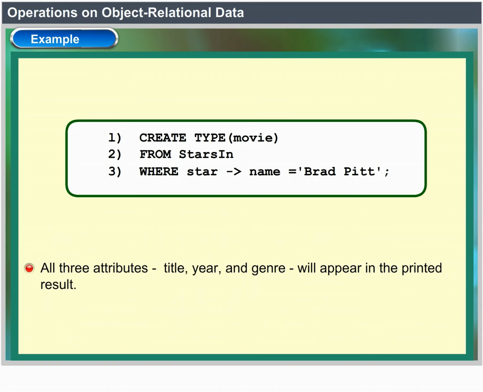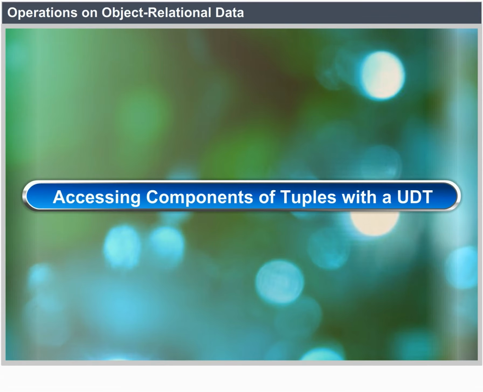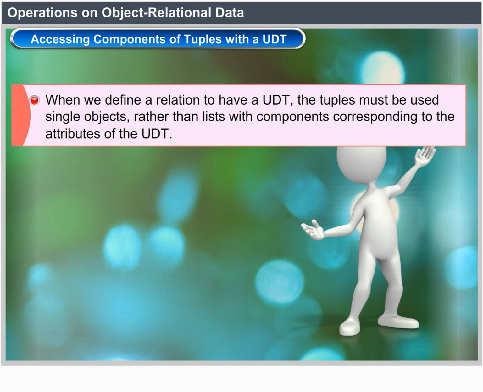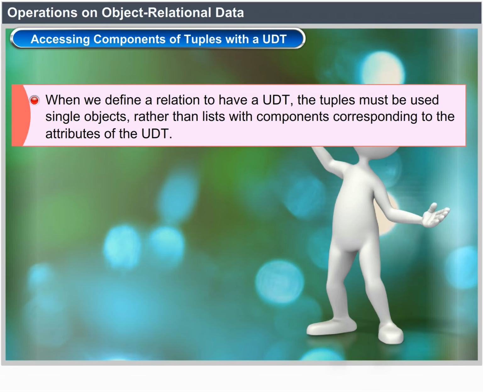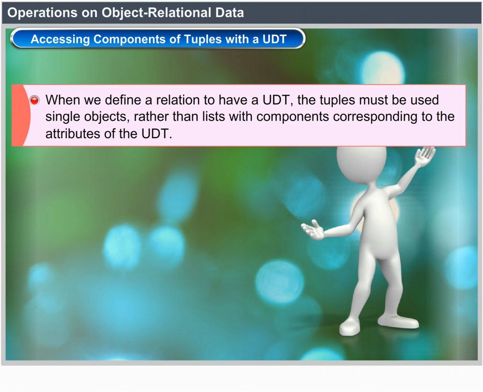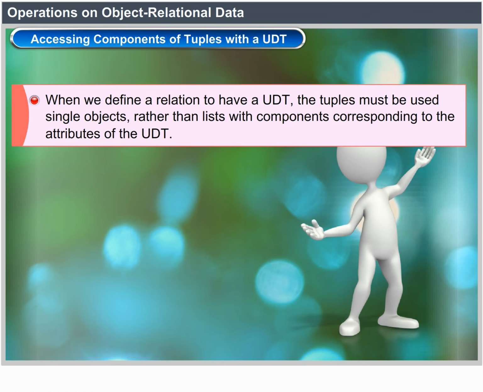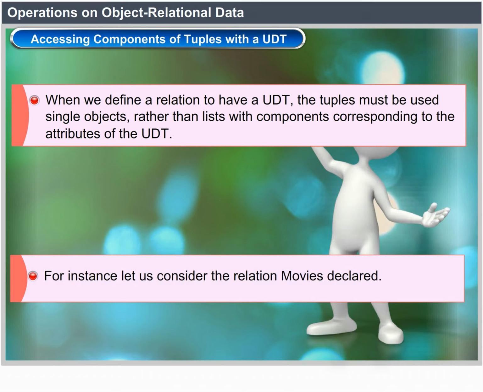Accessing components of tuples with a UDT. When we define a relation to have a UDT, the tuples must be thought of as a single object rather than a list with components corresponding to the attributes of the UDT. As a case in point, consider the relation Movies declared.